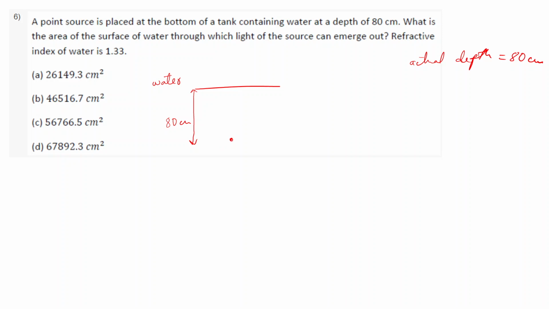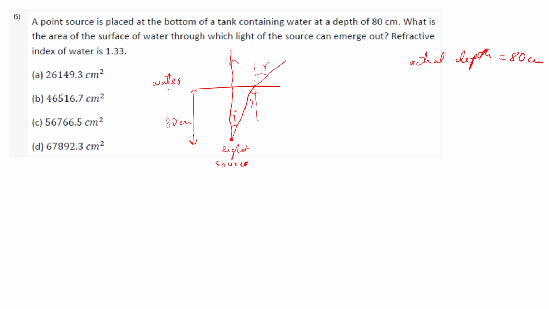So this is some sort of light source. The light coming from this will go straight in this direction, but while going in any other direction it will undergo refraction. So if I consider a light ray coming from here, it will have an angle of incidence, and it will undergo refraction.